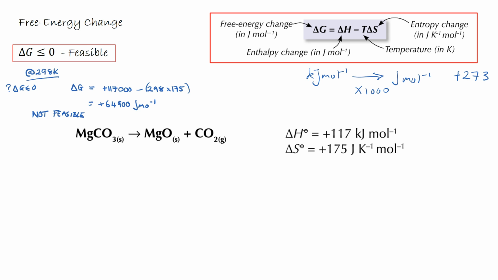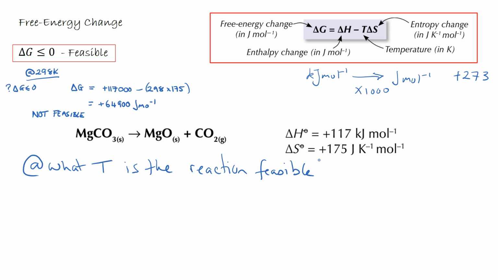Now then, we may be interested to know at what temperature the reaction is feasible. Now, this is quite a useful industrial thing to know, because we may want to know whether this reaction is actually possible or not.